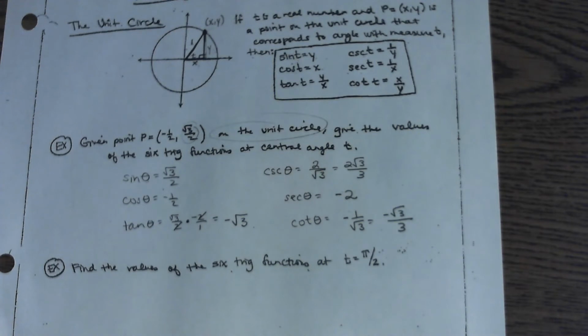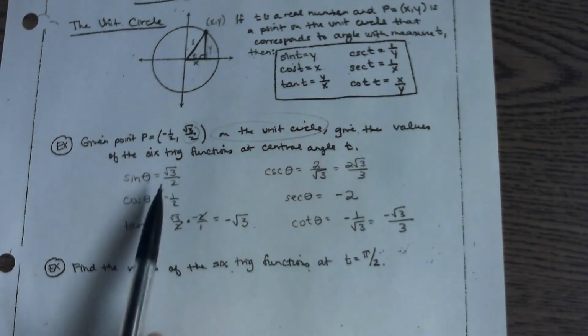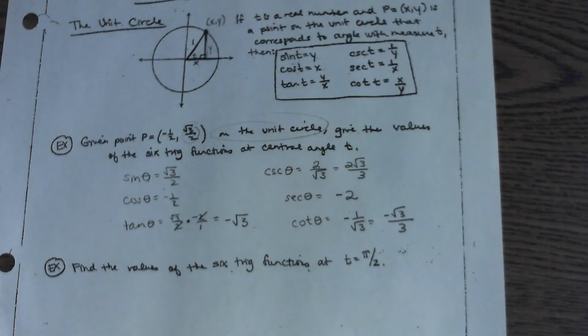Now, how do we make sense of the fact that some of those values are positive and some of those are negative? What's the other way we can say, oh yeah, it makes sense that the cosine is negative and the sine is positive and the tangent is negative? Remember your little trick? All students take calculus.